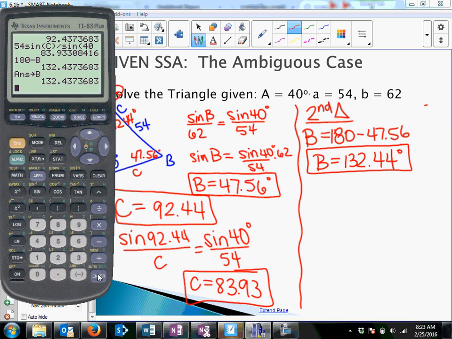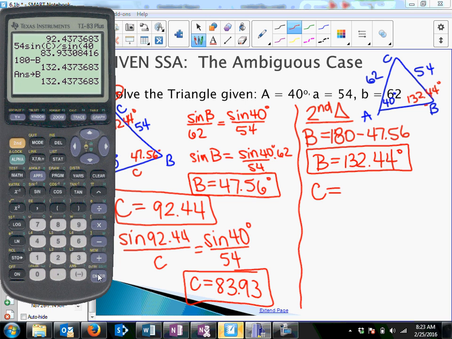It may be helpful for us to draw a new triangle to label, okay? Angle A is still 40 degrees. Side A is still 54. Side B is still 62. But now, angle B is 132.44. Okay? How are we going to find angle C in our new triangle?